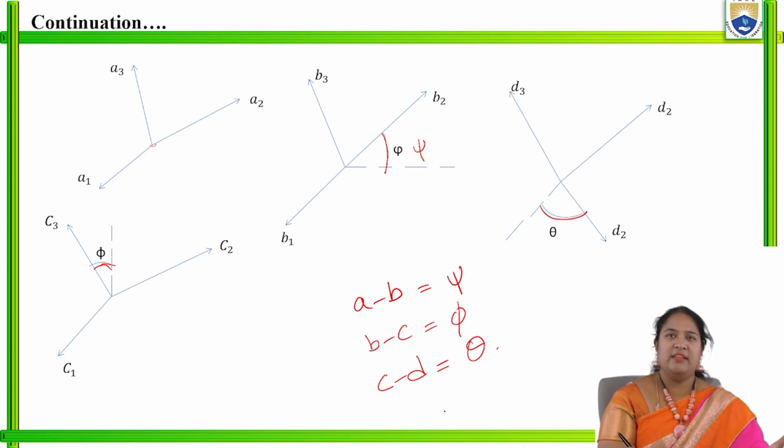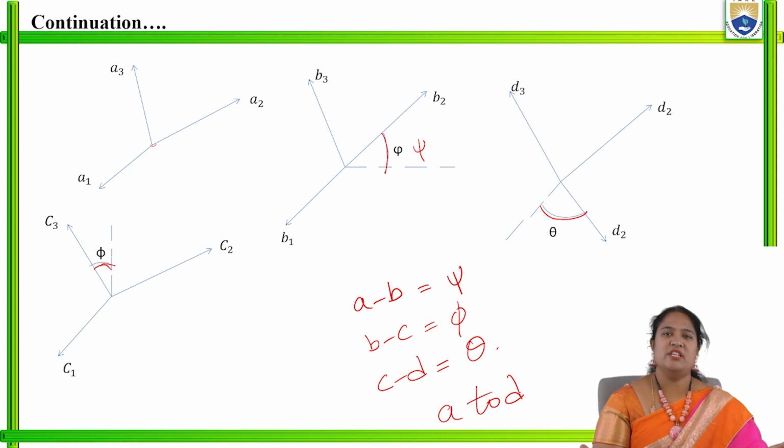That is, there is a rotation of the matrix taking place from A to D, where from A to B it is taking an angle psi, from B to C it is taking a rotation of an angle phi, and from C to D it is taking a rotation of an angle theta.